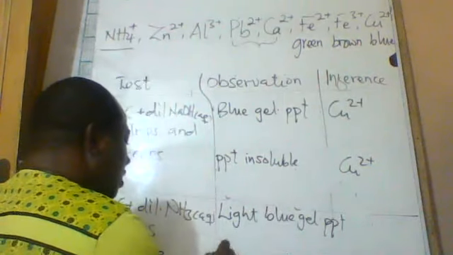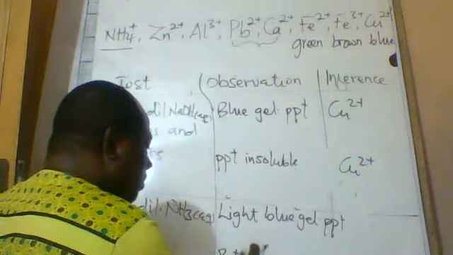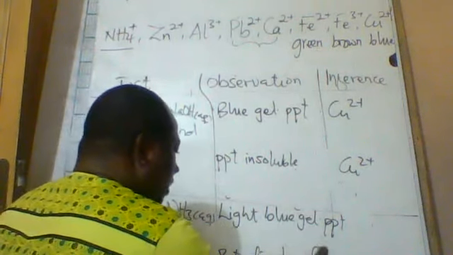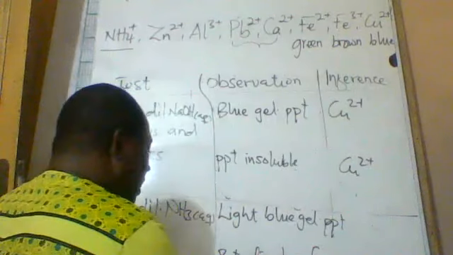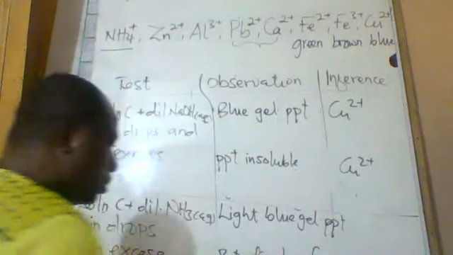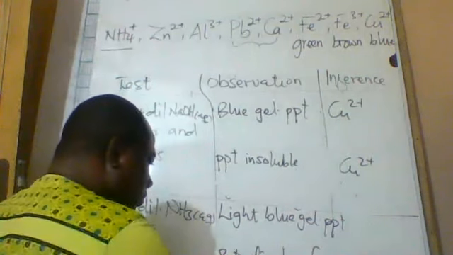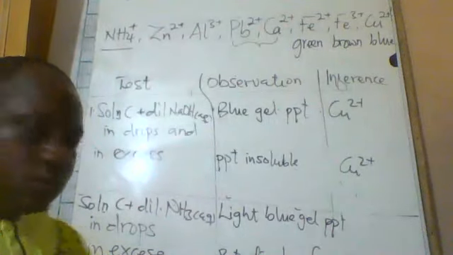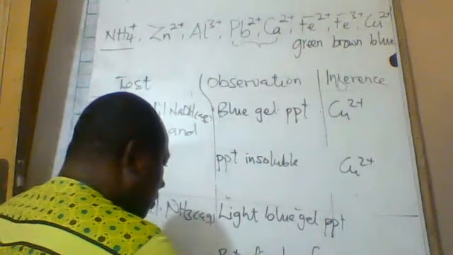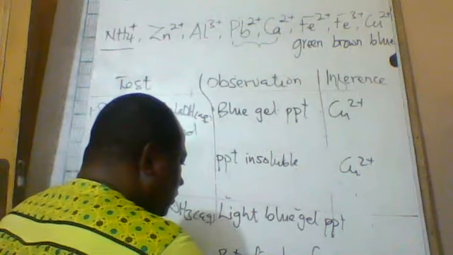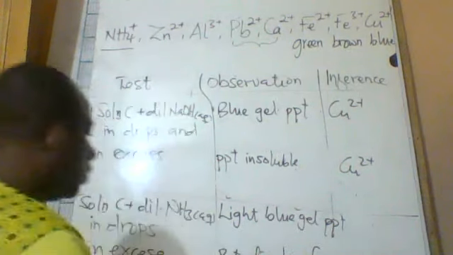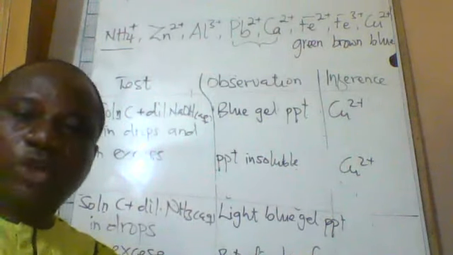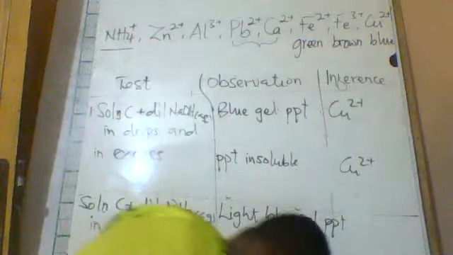In excess, the PPT dissolves, forming a deep blue solution. And that confirms the copper 2 ions.